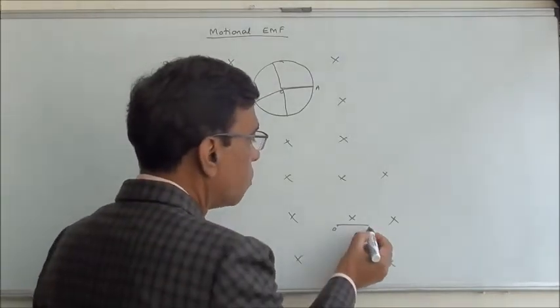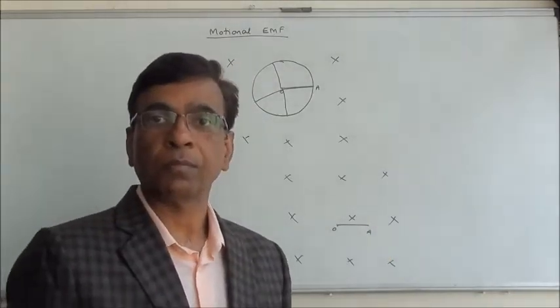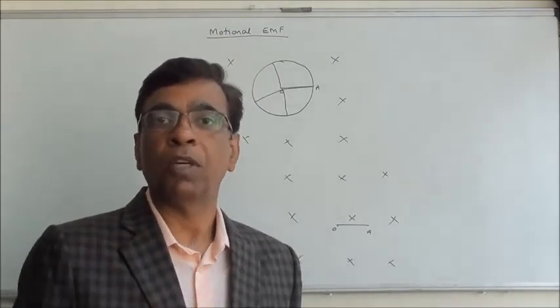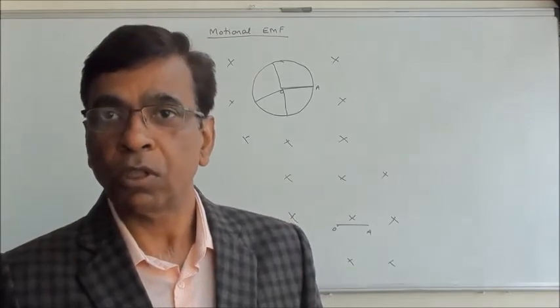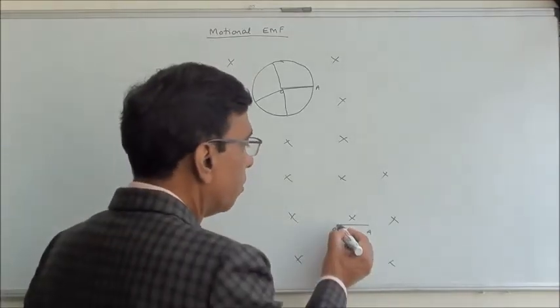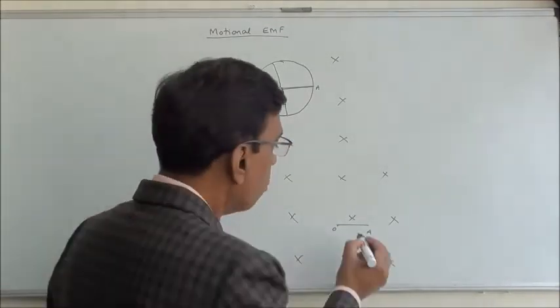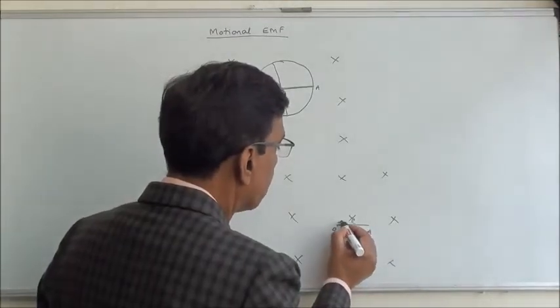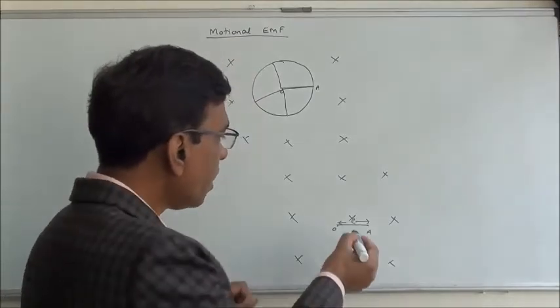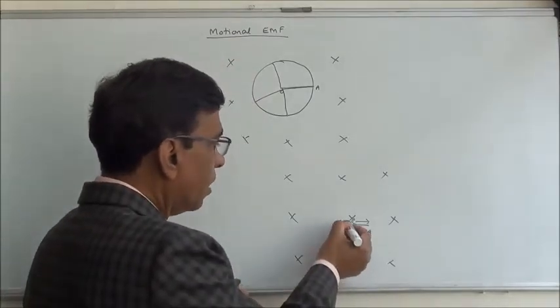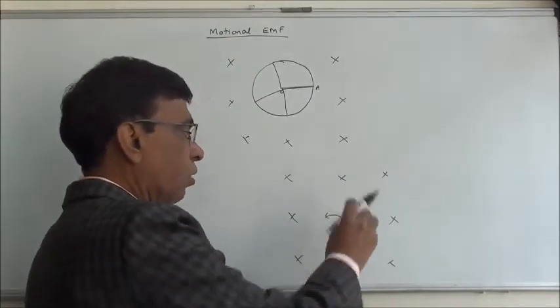There is again an induced EMF between O and A. We can again use Fleming's left hand rule to find out the direction of force on the electron and the EMF that is developed between O and A. Let this length be L. And now let me take the motion of this rod as anti-clockwise.